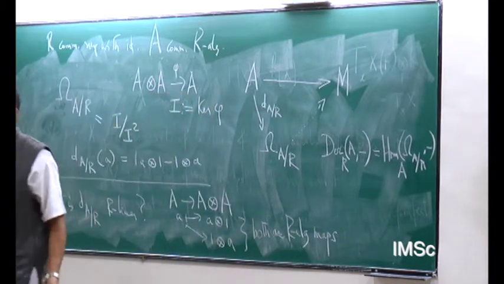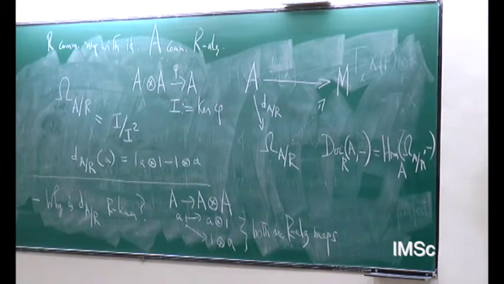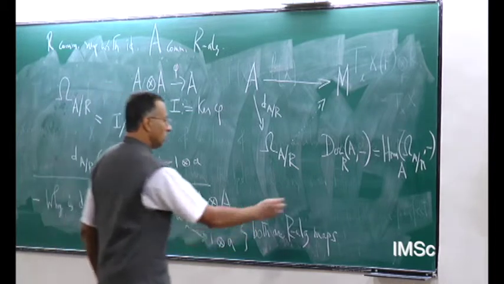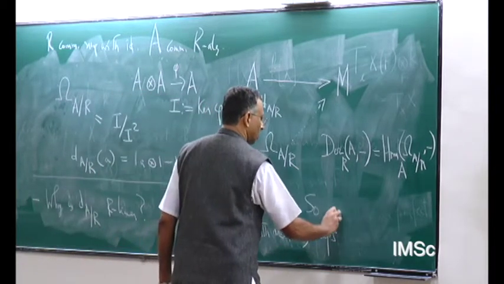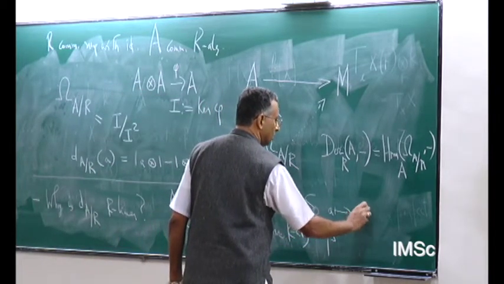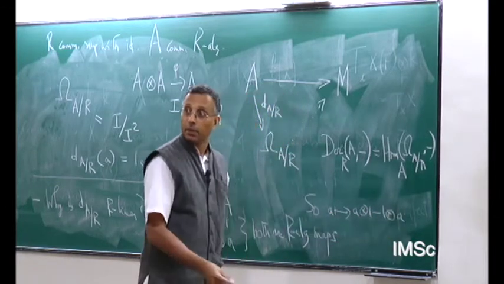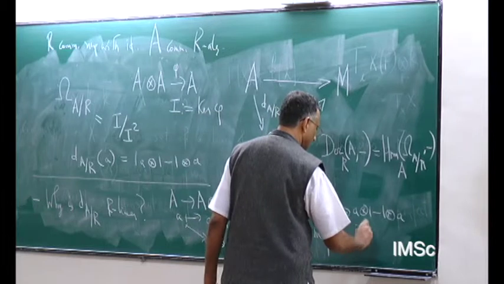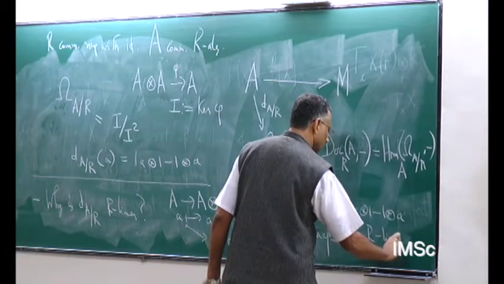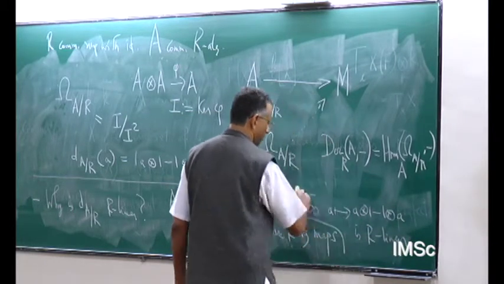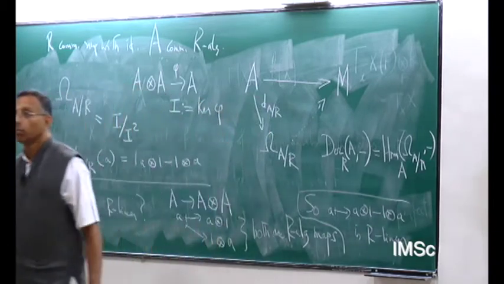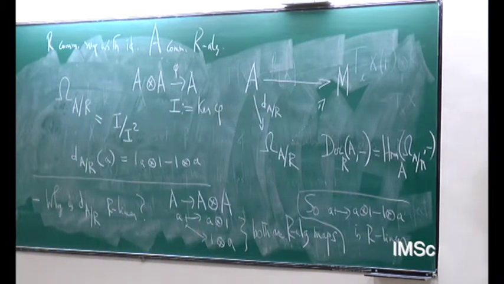So the difference is linear. So a going to a tensor 1 minus 1 tensor a is no more an R-algebra map, but it clearly is R-linear. Right? Okay.